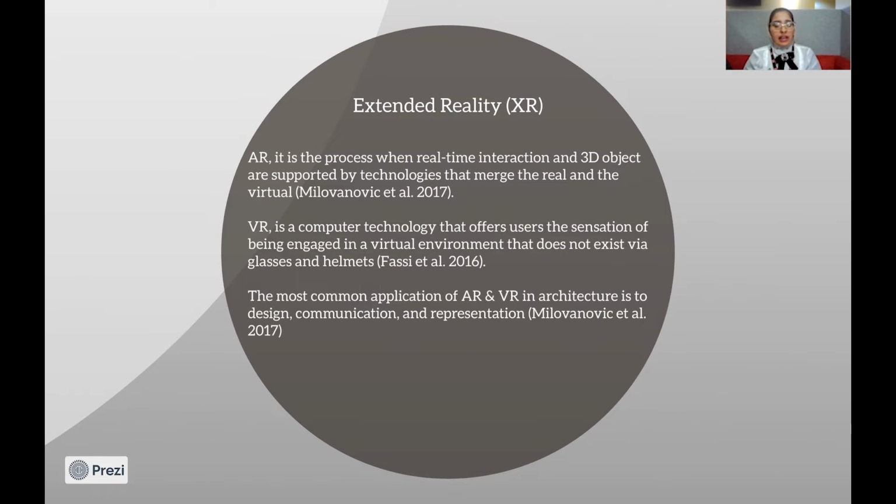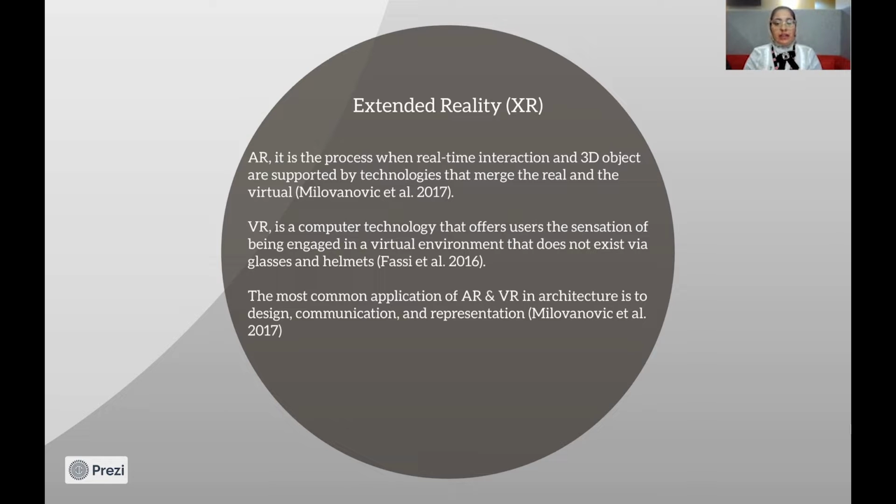Coming to extended reality, so extended reality is a big term. It includes augmented reality, virtual reality, and mixed reality. These are two technologies adapted, which are AR and VR. So what is basically AR?